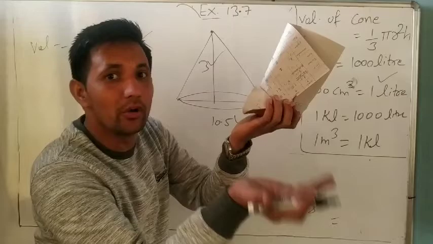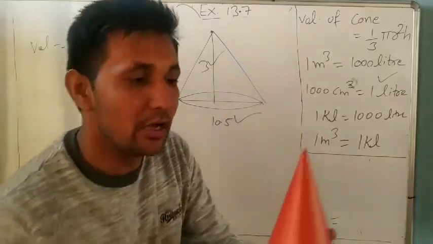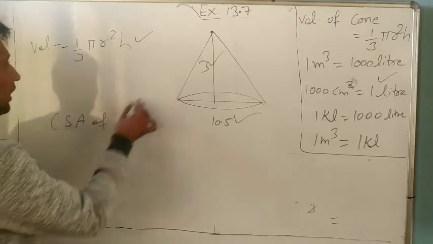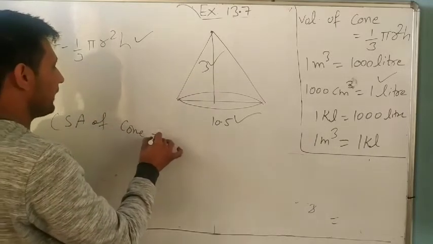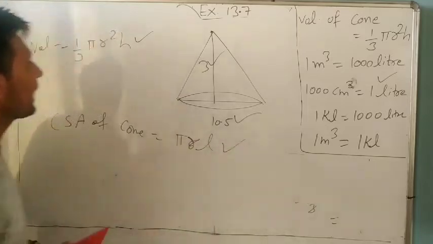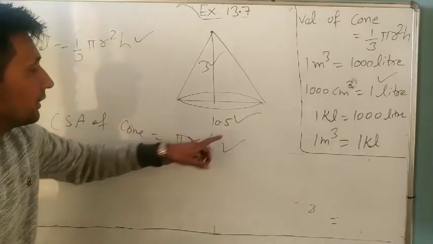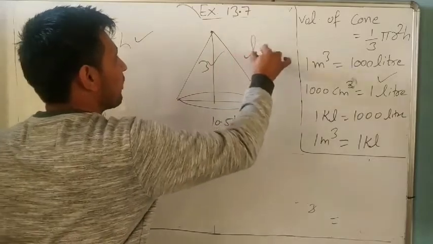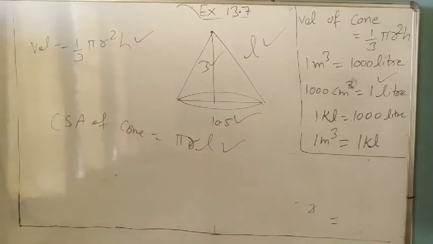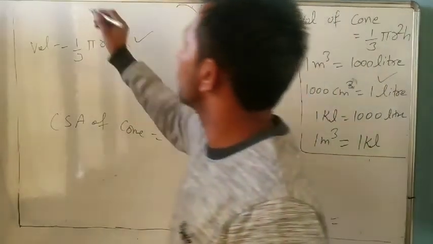On the bottom, no need of cloth. So it means we will find the curved surface area of the cone. How will you find it? Pi r l. Curved surface area is pi r l. Pi is given, r is given, so how can you find l? By using the Pythagoras theorem, and you can do this question yourself.